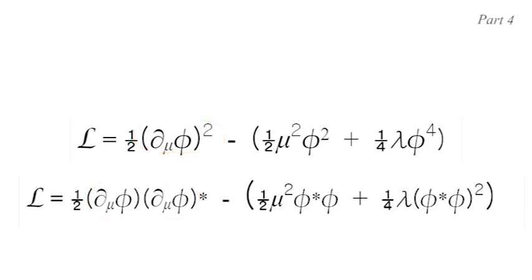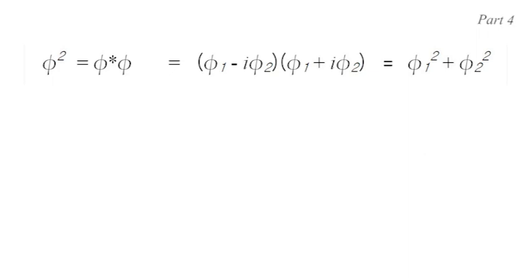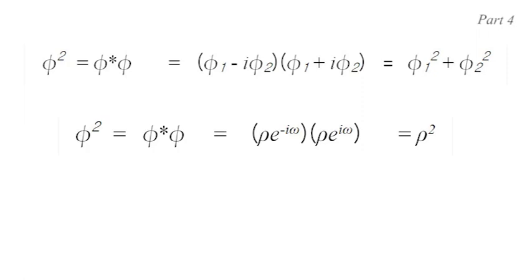The squares in the new Lagrangian will be calculated by multiplying the field by its complex conjugate, either using the Cartesian coordinates, where we say phi1 minus i phi2 multiplied by phi1 plus i phi2, or by using polar coordinates, if that helps, where we'll say rho e to the minus i omega times rho e to the plus i omega, which will give rho squared.